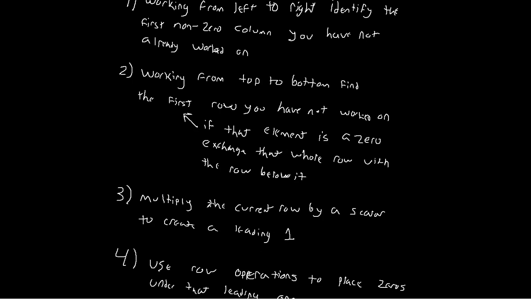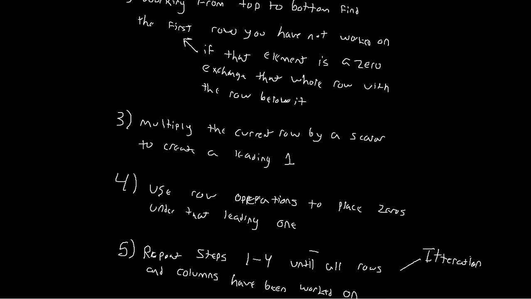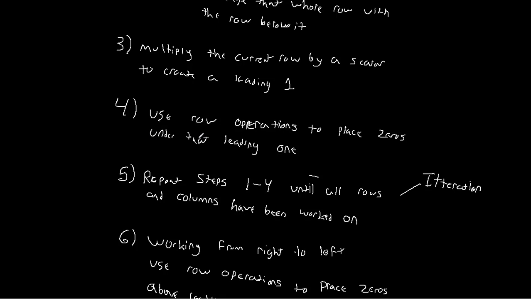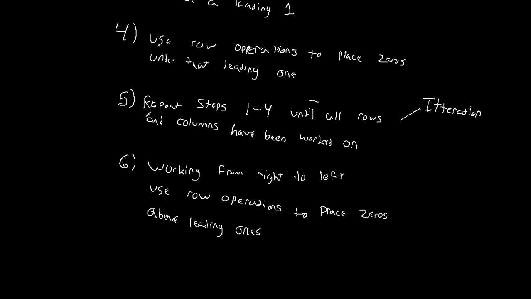Then we're going to figure out what we need to multiply that element by to make it a leading one, and we're going to multiply the whole row by that scalar. Then we're going to use row operations to place zeros underneath that leading one. Then we're going to repeat those steps until we have every row and column worked on. Then we're going to go back and use row operations to place zeros above those leading ones.